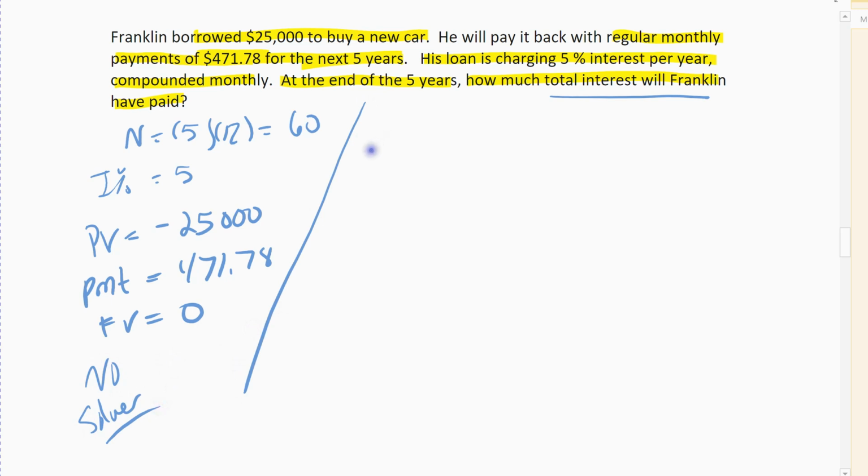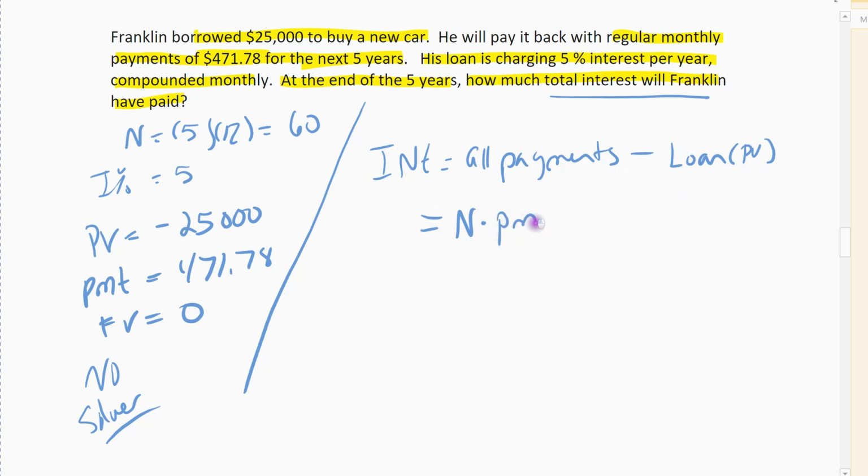You have to figure out the interest on the loan. In this case, the interest on the loan would be all your payments to the bank, how much you paid off the loan, minus the amount you borrowed, the loan, the present value. All of your payments would be N times your monthly payment, minus the present value. 60 is N, right?